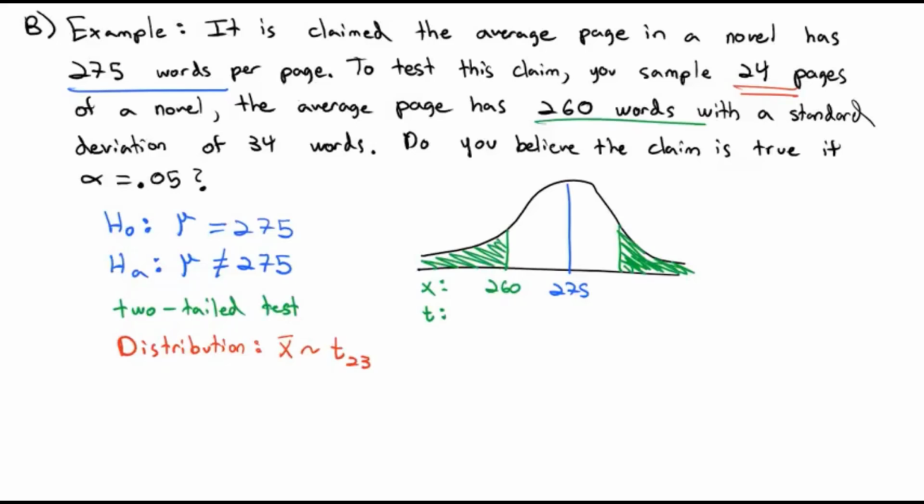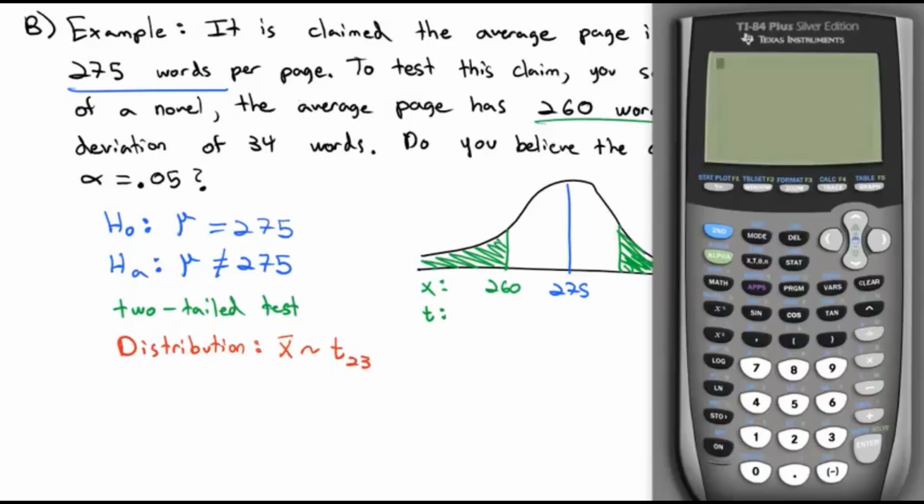Let's go to our calculator then to calculate the t value and the p value. Again, the keystrokes: first you're going to hit the stat button, which is right next to the arrow. Then we'll scroll over to test. Then we'll scroll down to the t-test. We are going to input the actual statistics, not the individual data values. So we'll highlight statistics.